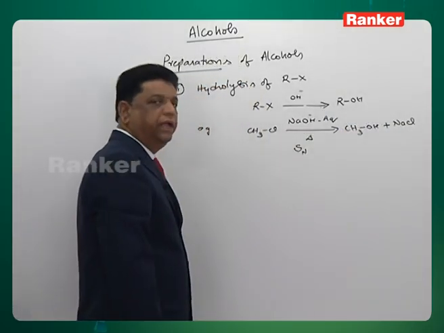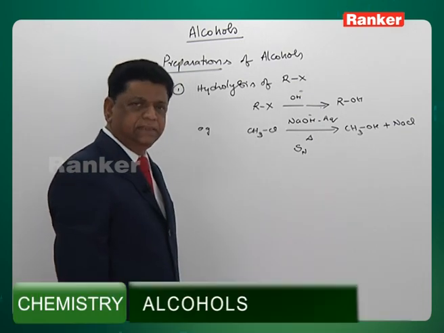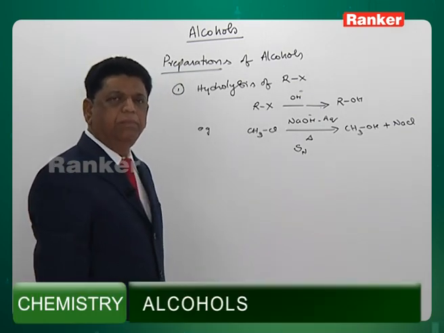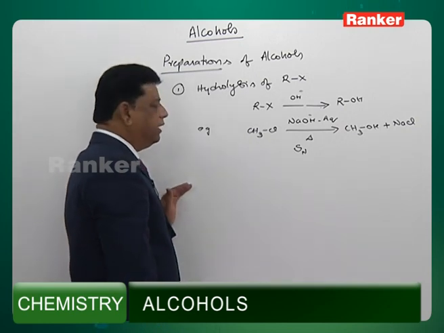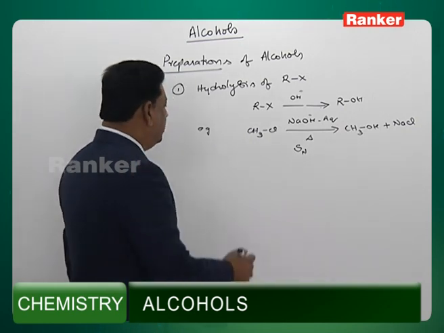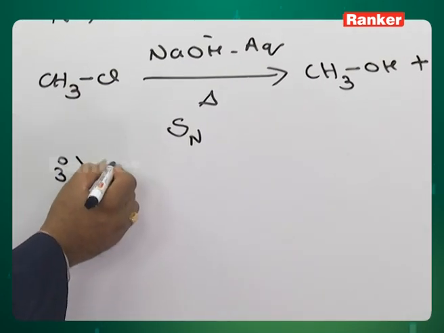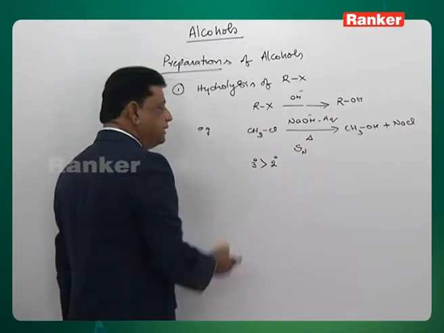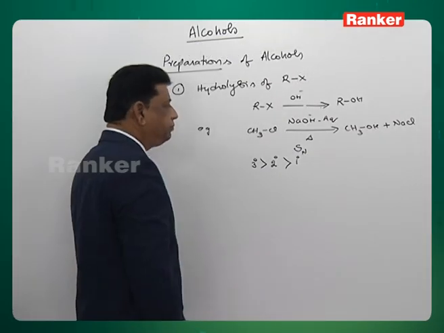Like this ethyl alcohol and propyl alcohol, all corresponding alkyl halides, there is no exception, all can be prepared like this. But the reactivity order may be noted. Tertiary alkyl halides give a faster reaction than 2 degree, than 1 degree.